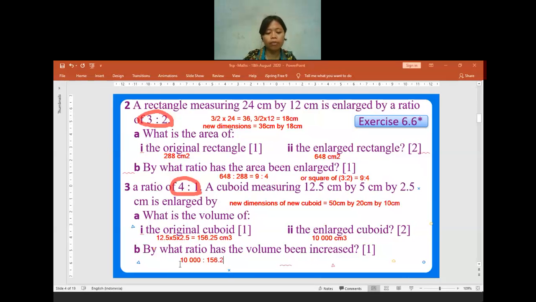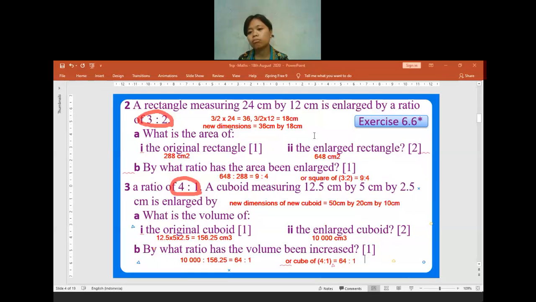We can simplify it to become 64 to 1, or we can use the thing that we already learned last Wednesday: when it is a volume, we just do the cube of the ratio 4 to 1, which is equal to 64 to 1. You can pick any other way that you like to use. Okay, is there anyone who get confused so far, or my explanation is still confusing?